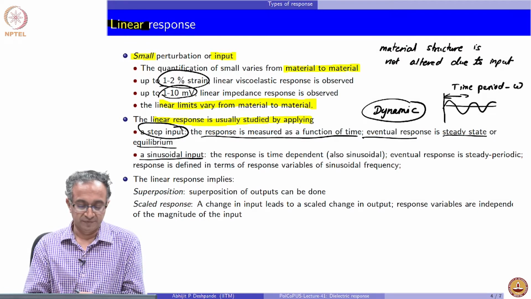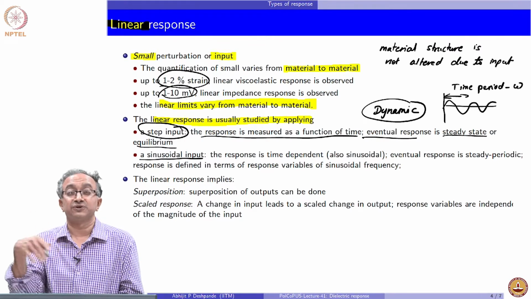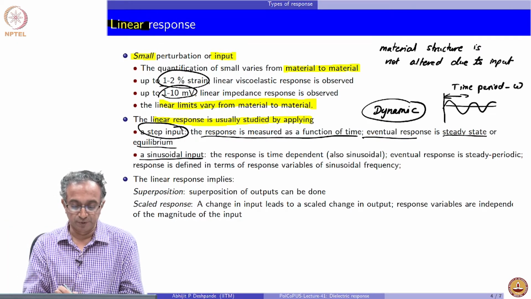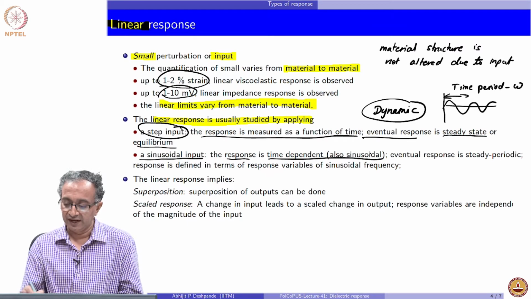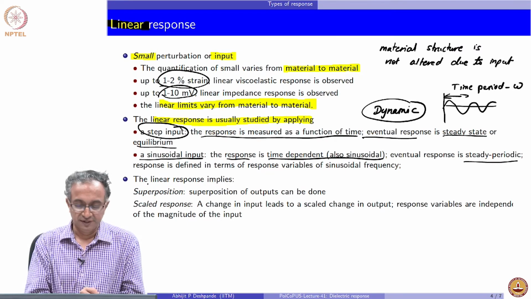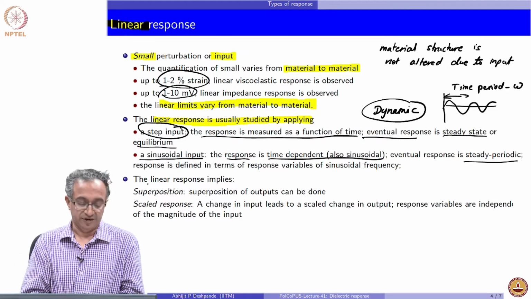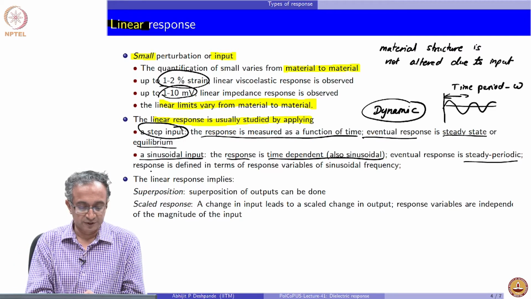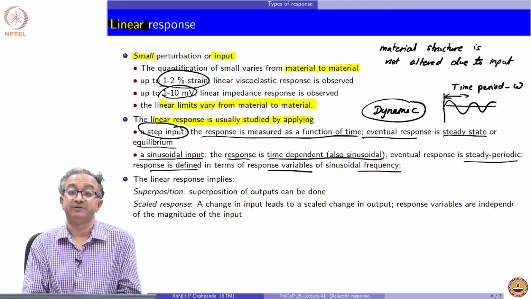And so, by manipulating the frequency, we can change the time period, how fast or slow the signal being input to the system is. The response is also of course time dependent and sinusoidal, so the eventual response will also be steady periodic because the input itself is periodic. And so, the response is then defined in terms of response variables which are functions of frequency.